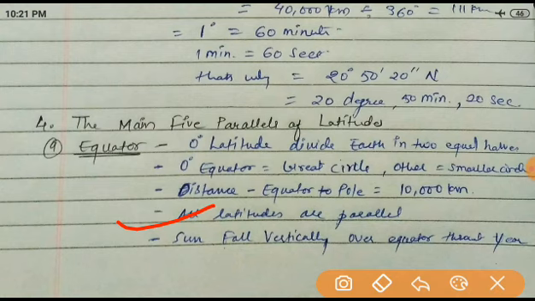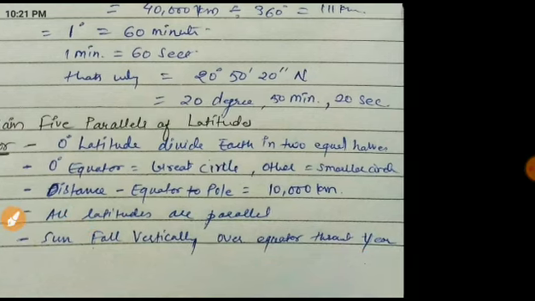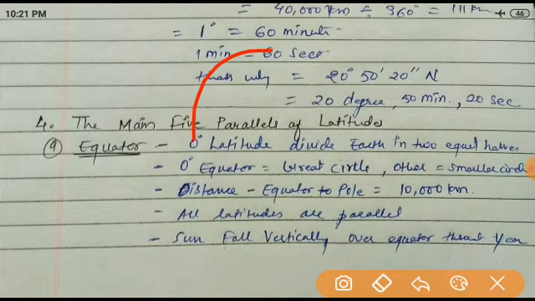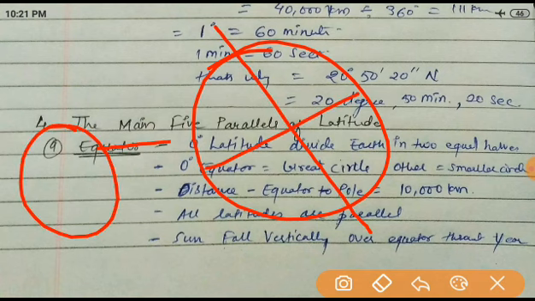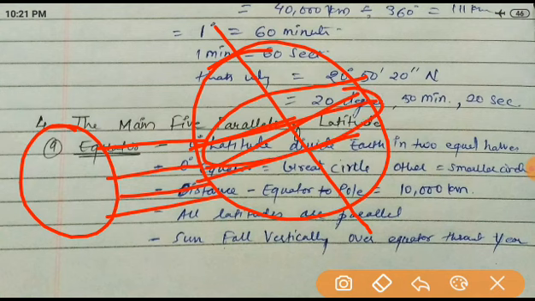And the sun falls vertically over the equator throughout the year. Now what is this? This is the earth, which is tilted, this is the equator, and this is the sun. The sun's light is incident directly on it throughout the year, meaning this central part gets light all year.